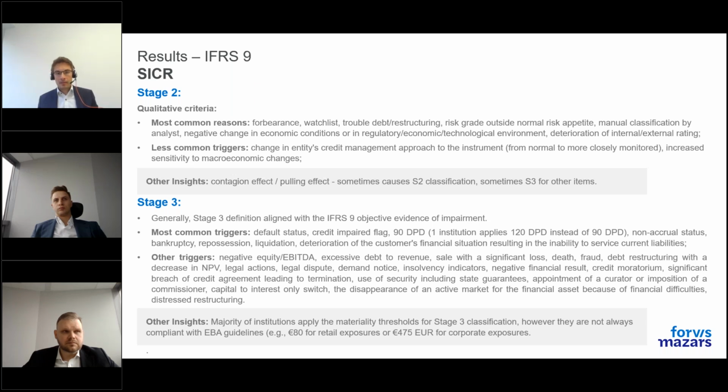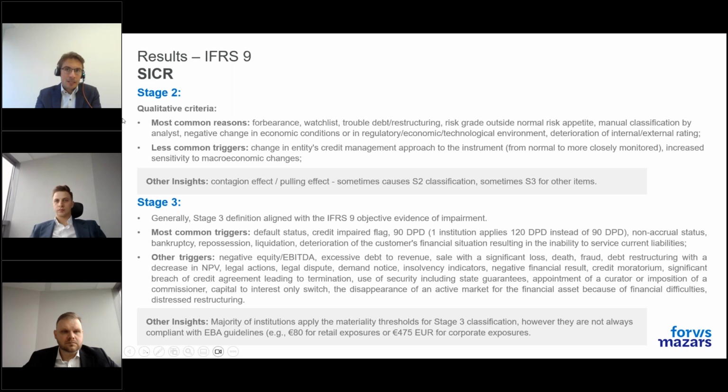So sometimes, even though some exposures of a defaulted or stage 3 client are already in stage 3, the other ones would be only moved to stage 2 as a result of pooling effect.